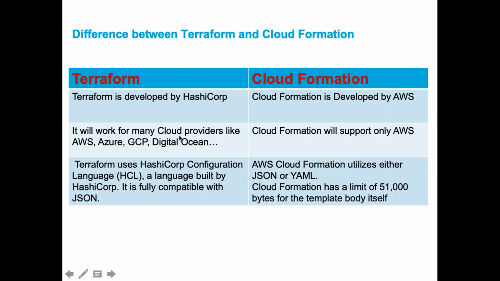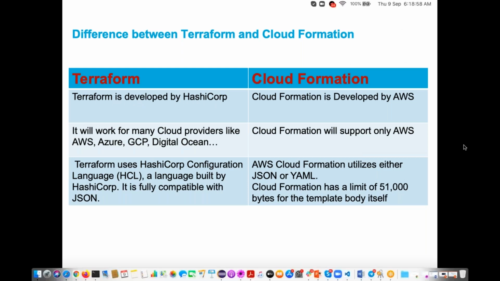Okay, so see that Terraform is developed by HashiCorp, one company. Like that, CloudFormation is developed by AWS. So like Terraform, CloudFormation is there. But the problem with CloudFormation is it will support only AWS. But Terraform will work for many cloud providers. Suppose you want to automate Azure resources, is it possible with CloudFormation?